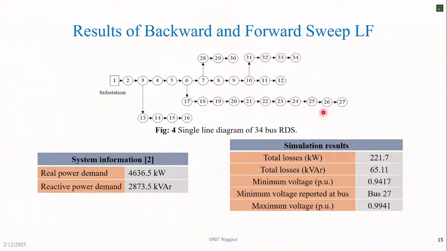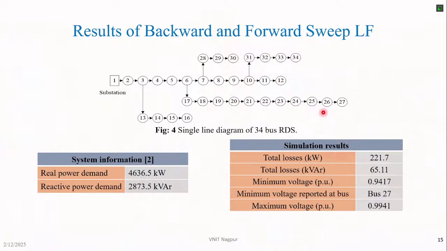Our objective is to carry out the node voltage and the active and reactive power demand, how much power is required, and we are able to calculate this with the help of the direct load flow method, which is formulated based on backward and forward sweep methods.